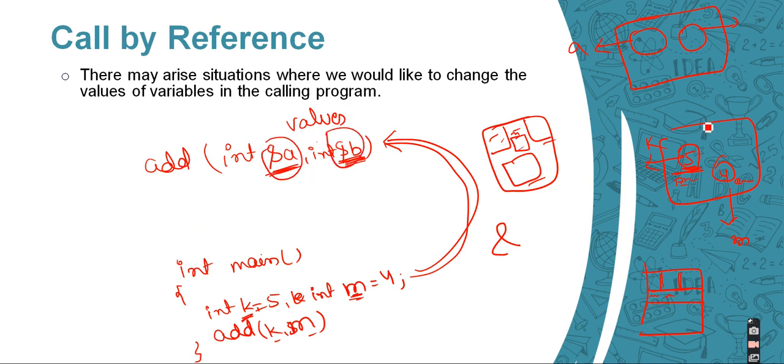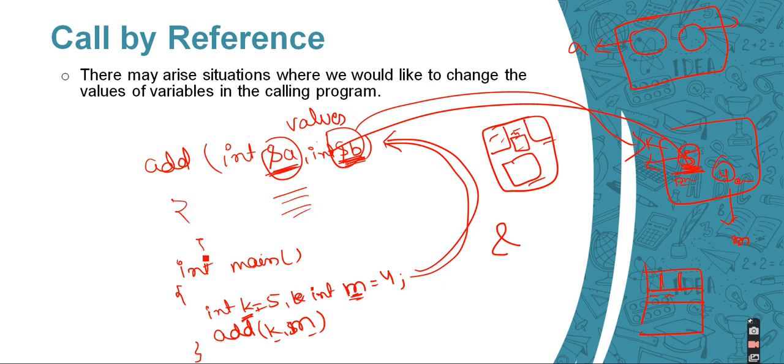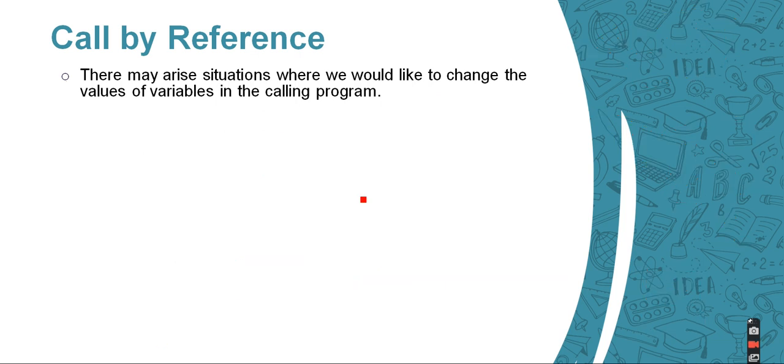So now it will go to that address, look at whatever value is inside that location, take that value and perform the other task. I hope it is clear to you, the function call by reference and call by value.